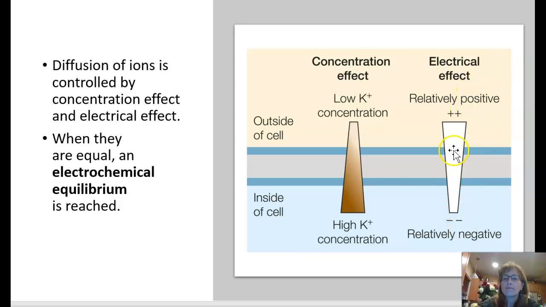So while potassium wants to leak out due to its concentration, there's also an attractive force from the negative charges here, and at some point, too many positive charges out here would repel more potassium from coming out. So this is that equilibrium, electrochemical equilibrium for potassium, when we are looking at those two things that are working in tandem.